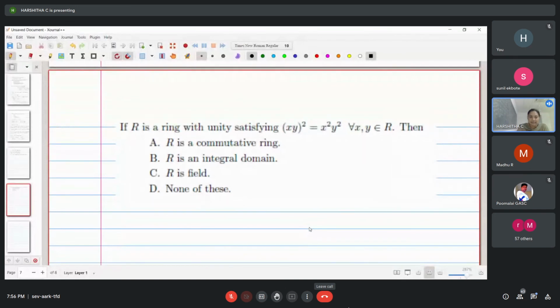A field is an integral domain in which every non-zero element has an inverse. We did something similar to this in the last class, if you recall.